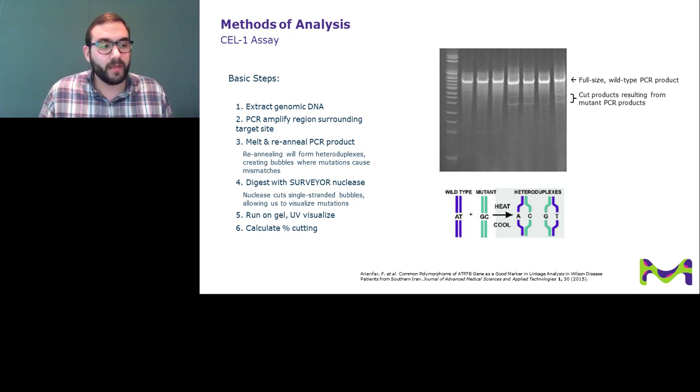These create bubbles in the DNA strands where mutations cause mismatches. You can then digest the product with the Surveyor nuclease, which cuts single-stranded bubbles, cleaving the DNA strand at the mismatched sites, allowing us to calculate mutations as indels, or insertions and deletions, after visually analyzing a gel, as in the example here.